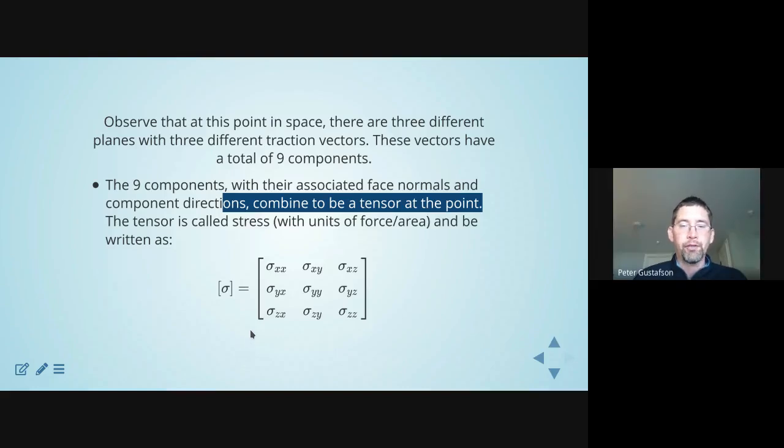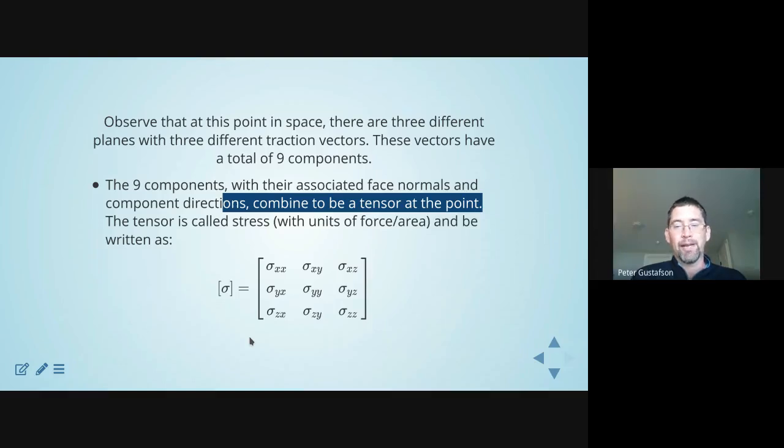Previously you've likely thought of stress just as the normal component, 1 magnitude or maybe 2 magnitudes. You had some normal component and you had some shear. Now we recognize that in a more general sense, we have 3 traction vectors, 9 components. So stress is actually, in the most general sense, a 9-component tensor.